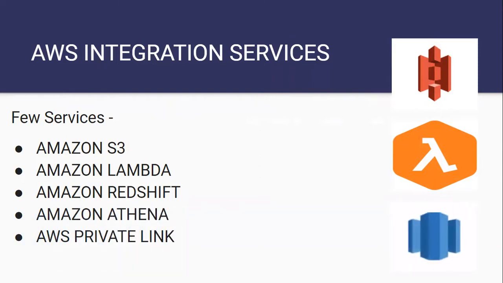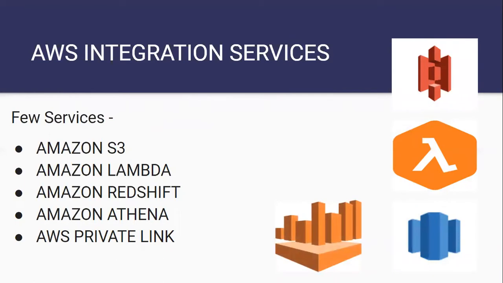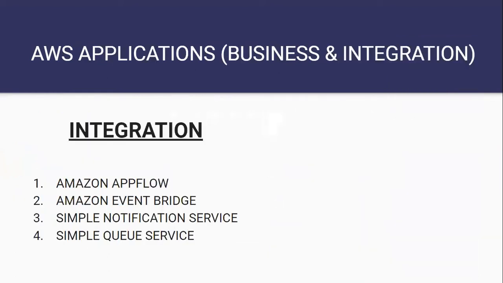Amazon Redshift is a data warehouse product. Amazon Athena is an interactive query service, and we use standard SQL in it. It is serverless, so there is no infrastructure to manage. We have to pay only for the queries that we run. AWS PrivateLink provides private connectivity between VPCs, that is, virtual private clouds.